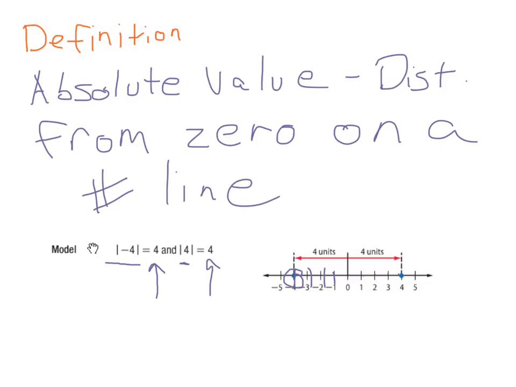Okay, so just a quick example of how you might use this. If you were to see something like the absolute value of -7, you would tell me that that should be equal to the value 7. And if that's in an equation, you would then use the number 7, +7, moving forward. If you were to see the absolute value of something like 11, then you would strictly be using 11.